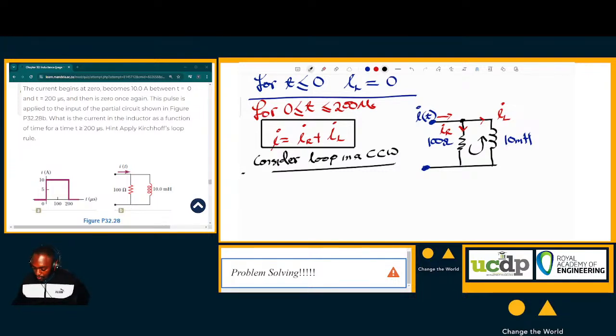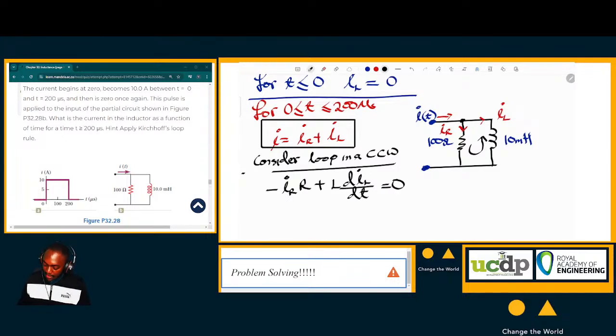So considering that, we know the loop rule, that would be your negative I R times your resistor R plus your potential drop across the inductor, which will be L di of the inductor over dt, equals 0.